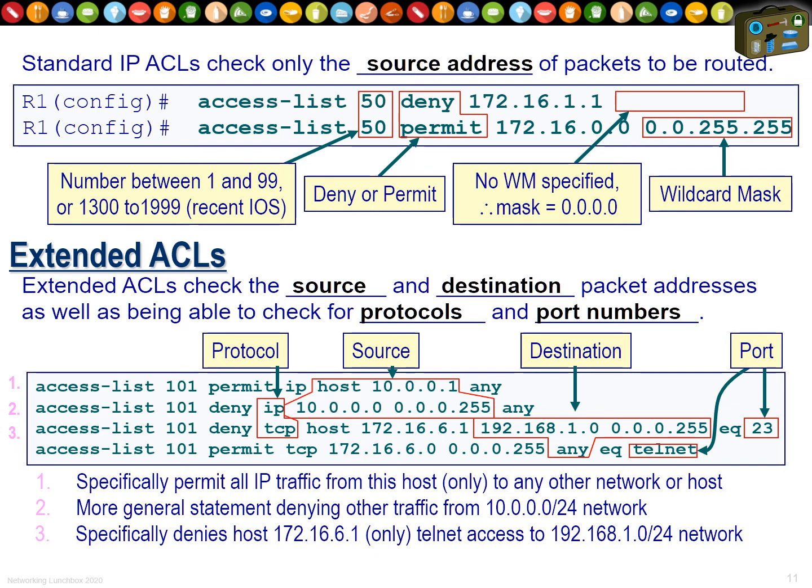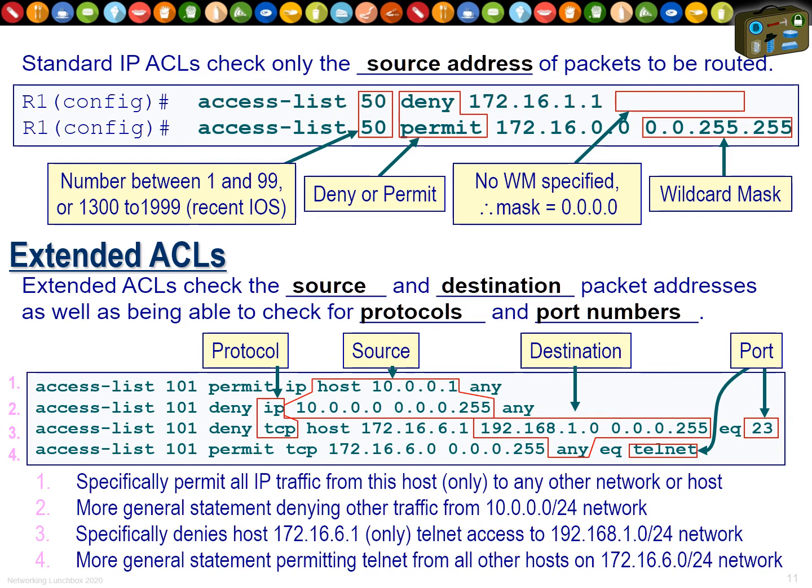So blocking Telnet only from that one host to that network. And then the final line says everyone else on that network, 172.16.6.whatever, can go anywhere they want on Telnet. So that's the breakdown of the extended access list and its formatting.